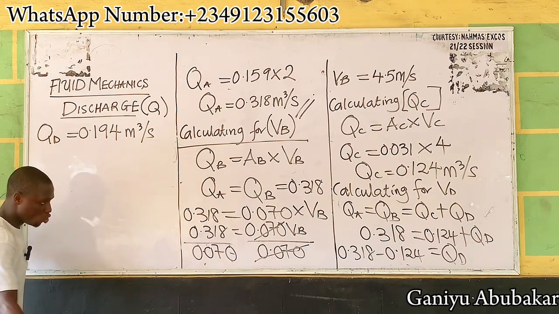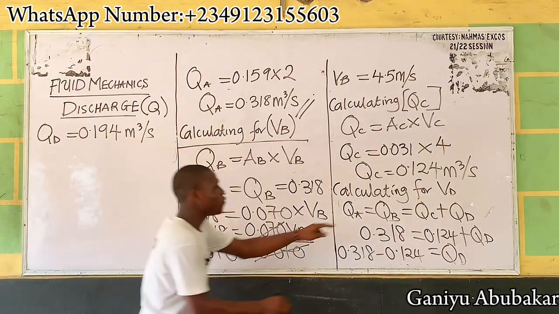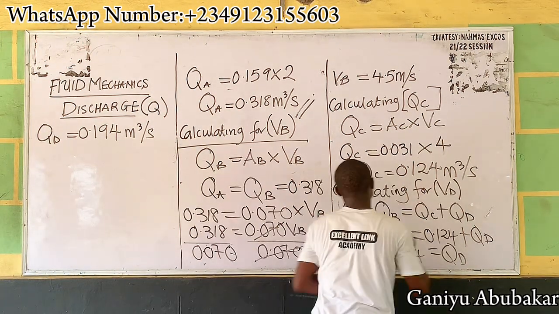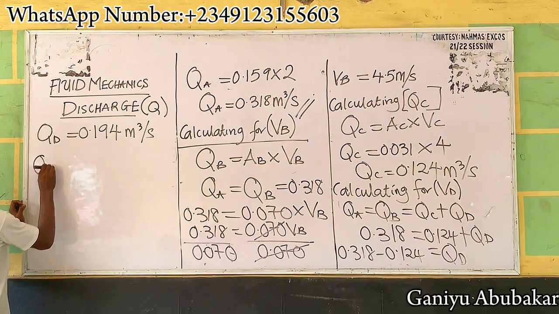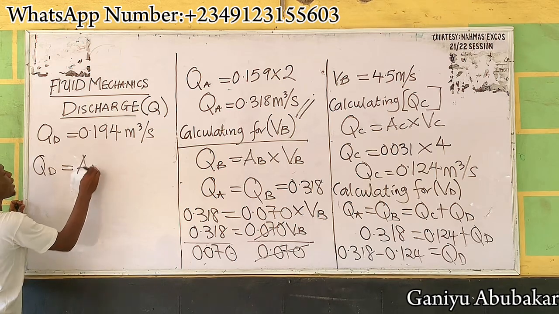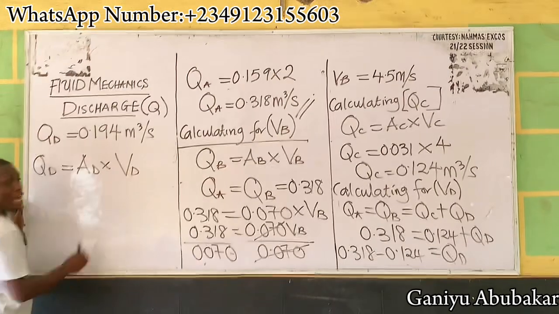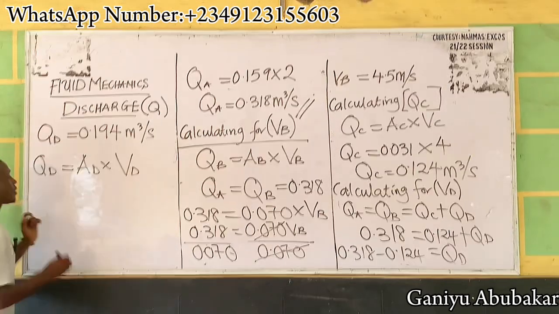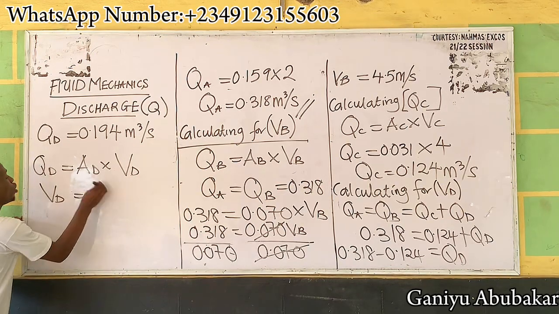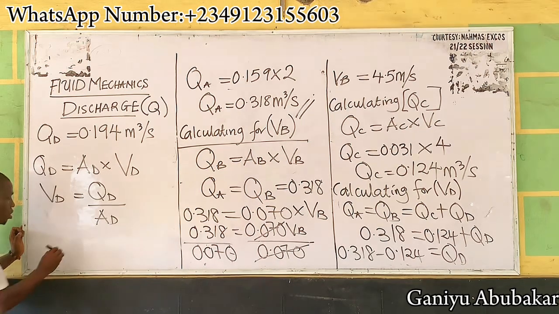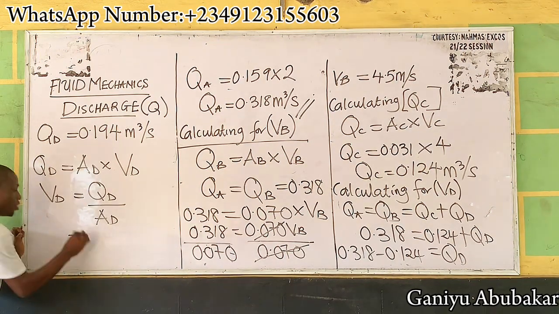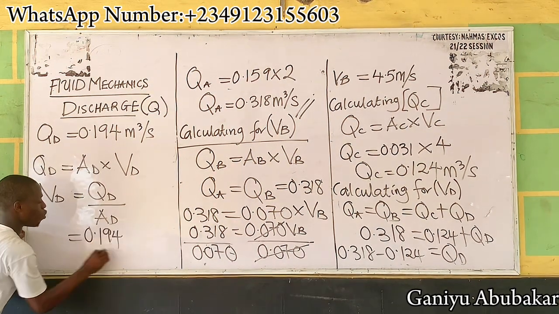Hold on. What are we looking for? VD. So I will express it this way. QD is AD times VD. Make VD the subject. VD is QD over AD. True or false? Yes. QD is known already: 0.194 over AD.